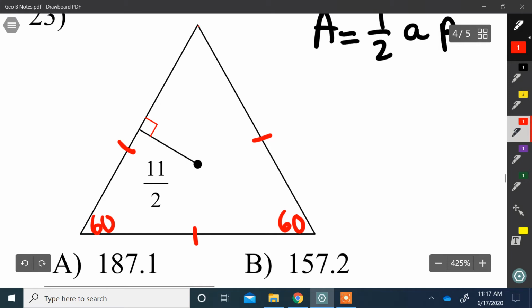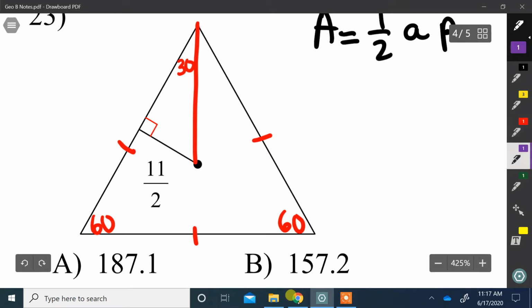So if each one of those is 60 and I break this apart here, this right here should be 30. This is 90. Then this must also be 60.